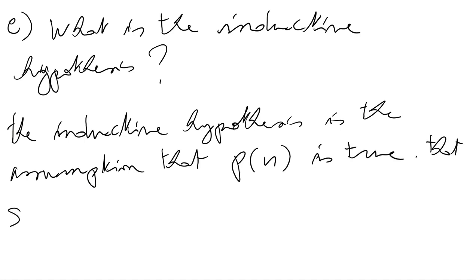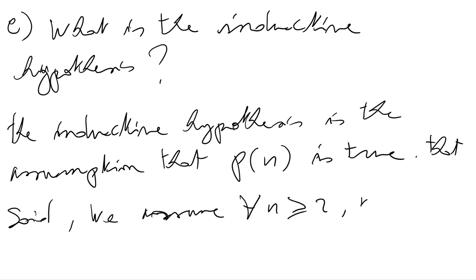That said, we assume for all n greater or equal to 2, n in the set of natural numbers, we have n factorial is less than n to the n. So this is what we call the inductive hypothesis. So basically we assume this to be true.